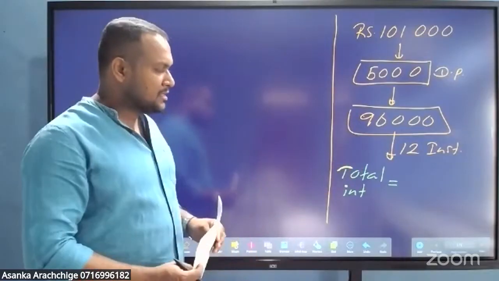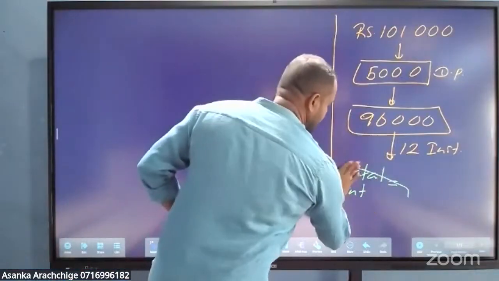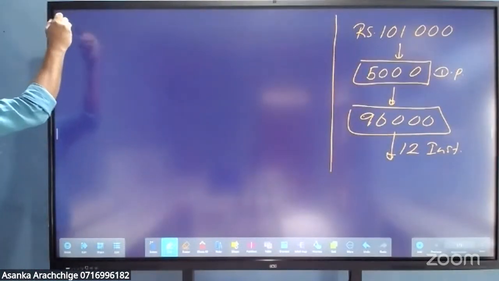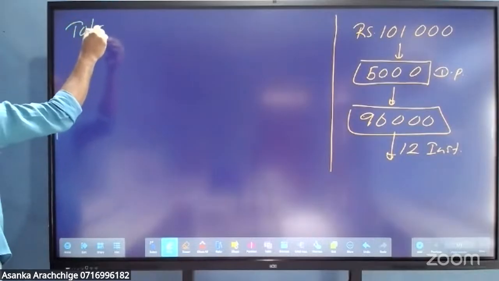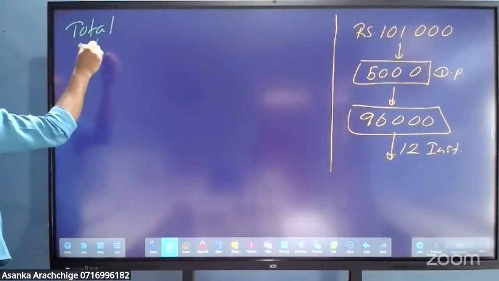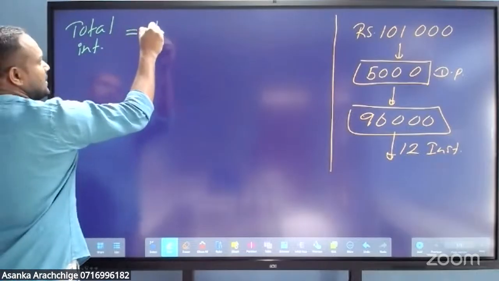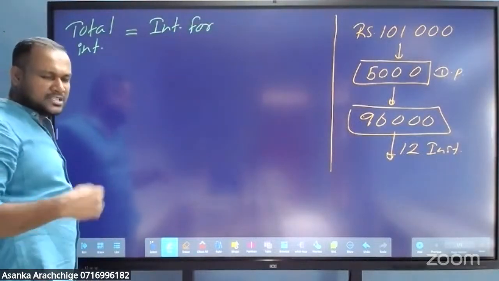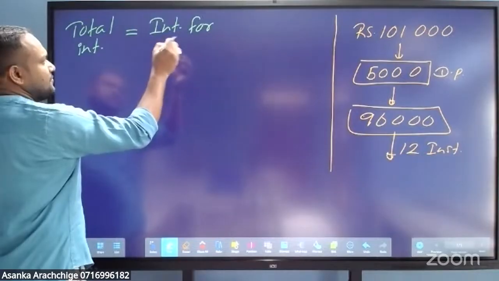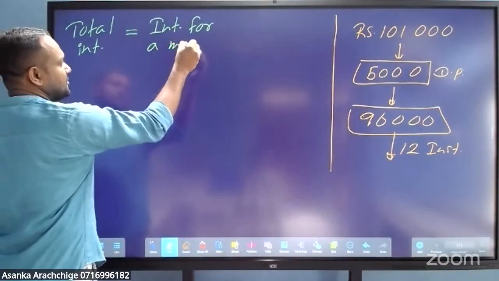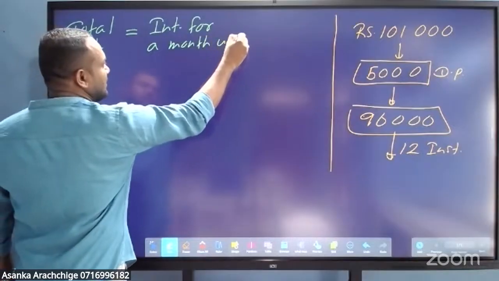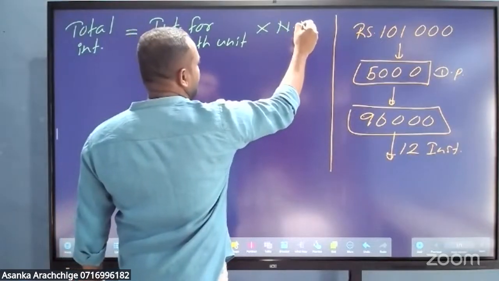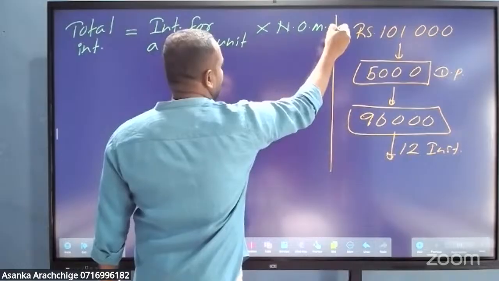You know, total interest equals, I will write it here. Total interest equals interest for a month unit, multiplied by the number of month units.